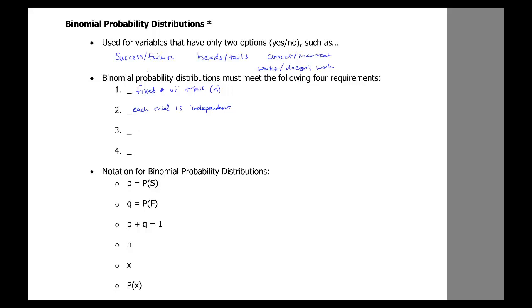Each trial has 2 possible outcomes, and the examples are listed above, such as success or failure, heads or tails. And the last one is the probabilities for the 2 possible outcomes are the same for each trial.